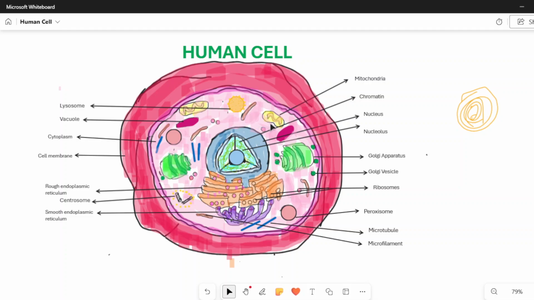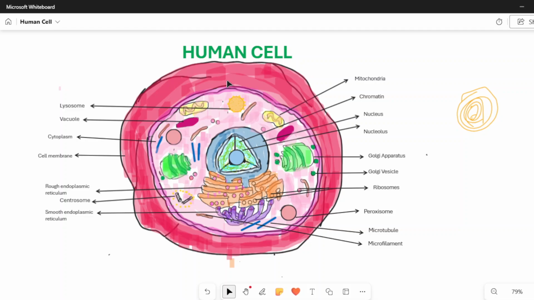So if this one cell dies, and the same chain reaction continues, your organ lining or your organ itself may start failing. So that is why just one human cell is so important.